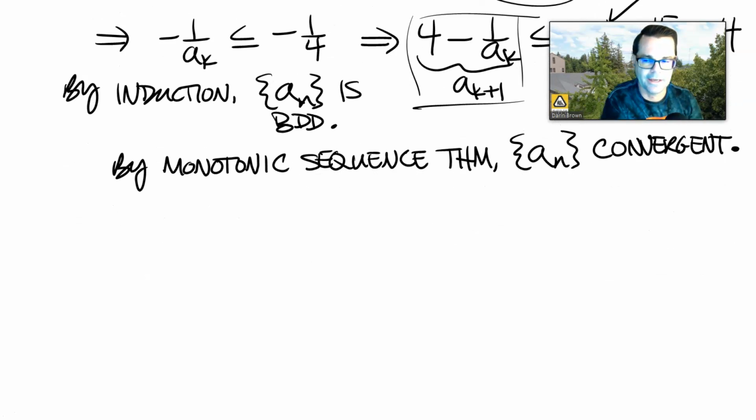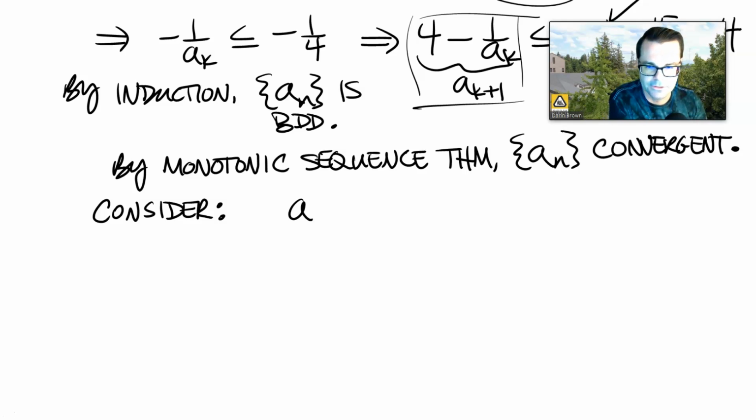So now let's look at this. Actually, I'll change it to n. So a sub n plus 1 is equal to 4 minus 1 over a sub n.